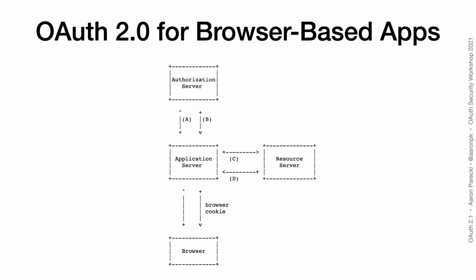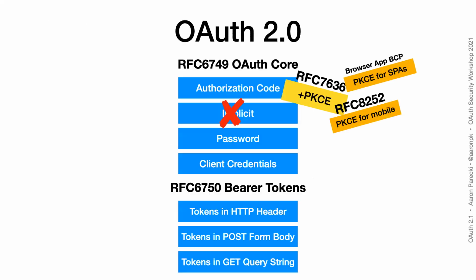And then the other way of looking at it is if you actually are using a single page app framework, but you also have the ability to deploy an application server behind it, turning the application server into the OAuth client means you can treat it like a confidential client, and you actually avoid a lot of the issues that are inherent in dealing with JavaScript apps in a browser. Anyway, that's all wrapped up in the browser app best current practice document, along with this recommendation of using PKCE in browsers.